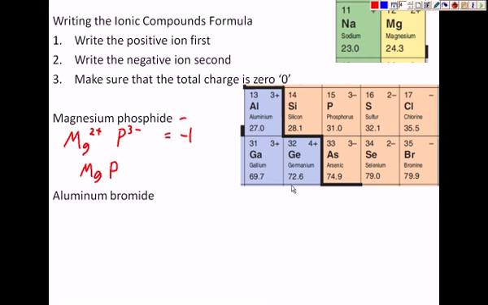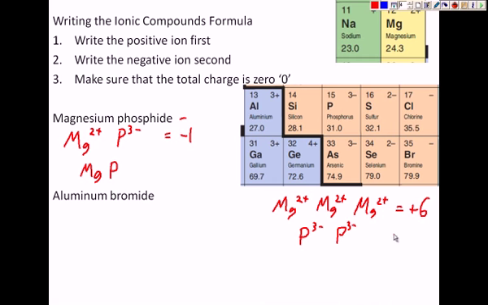So what we're going to do is take Mg 2 plus and take 3 of them. So the total charge is plus 6. And we're going to take 2 phosphorus or phosphide ions.